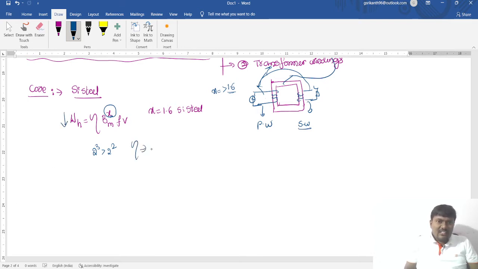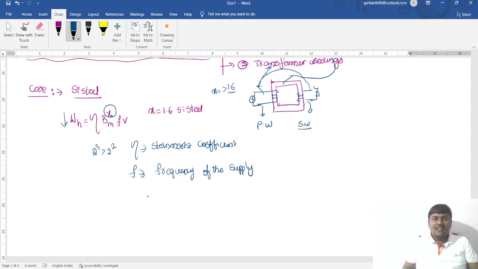Here, eta is called the Steinmetz coefficient, F is the frequency of the supply, and V is the volume of the core.